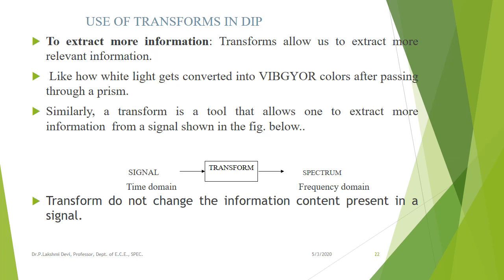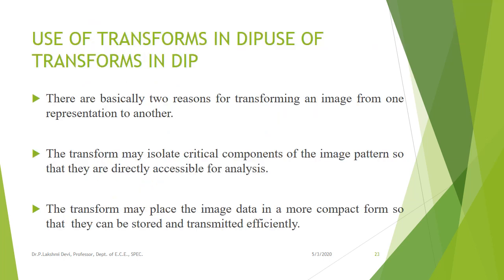Just as an example, we already observed that if you have a time domain signal, the output of this transform is the frequency domain. Transforms do not change the information content present in a signal. Now, the use of these transforms in digital image processing: there are basically two reasons for transforming an image from one representation to another.